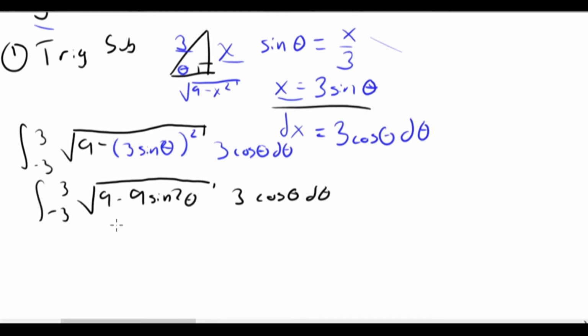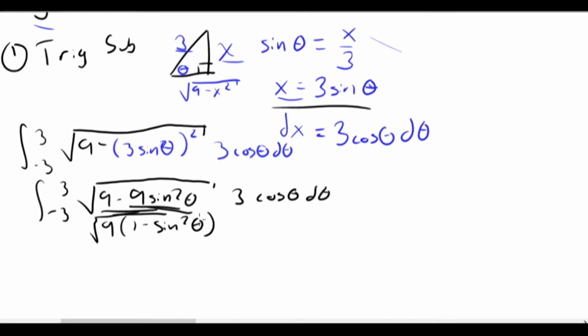Here in the radical sign, we can pull out a 9. So 9 times 1 minus sine squared theta, and that's in a square root.